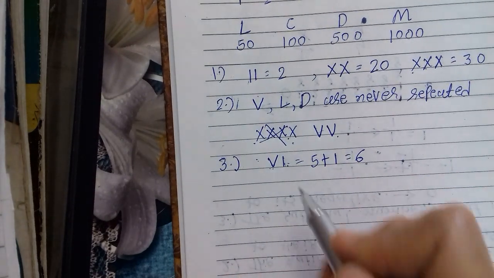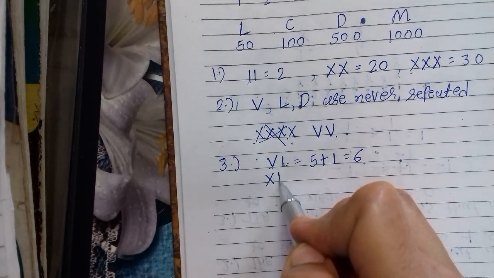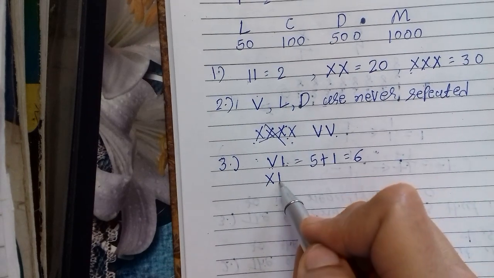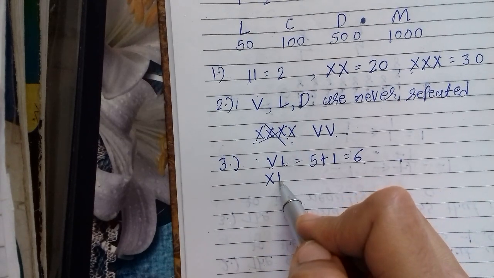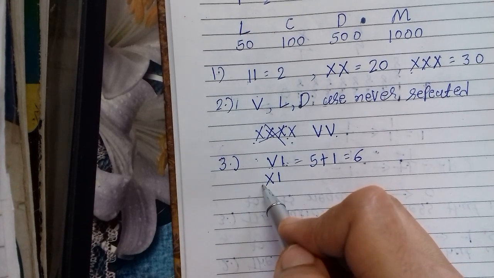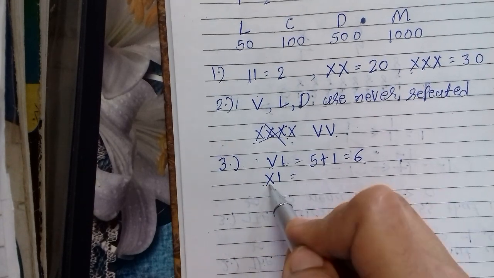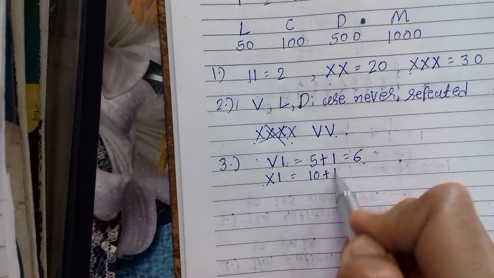One more example. Here is the symbol of smaller value and here is the symbol of greater value. Then we will add these two numbers.